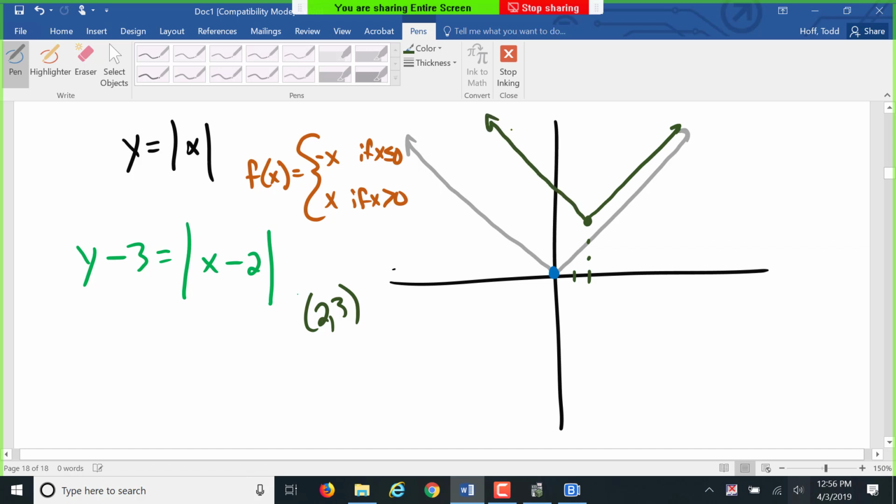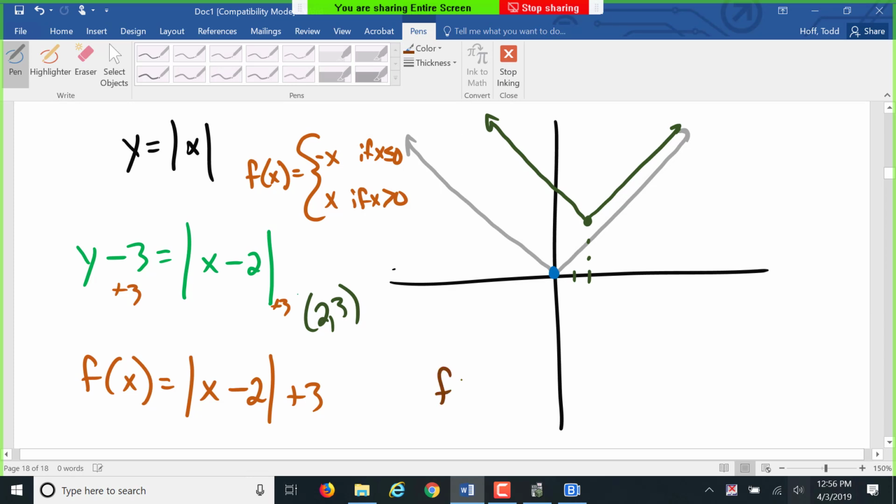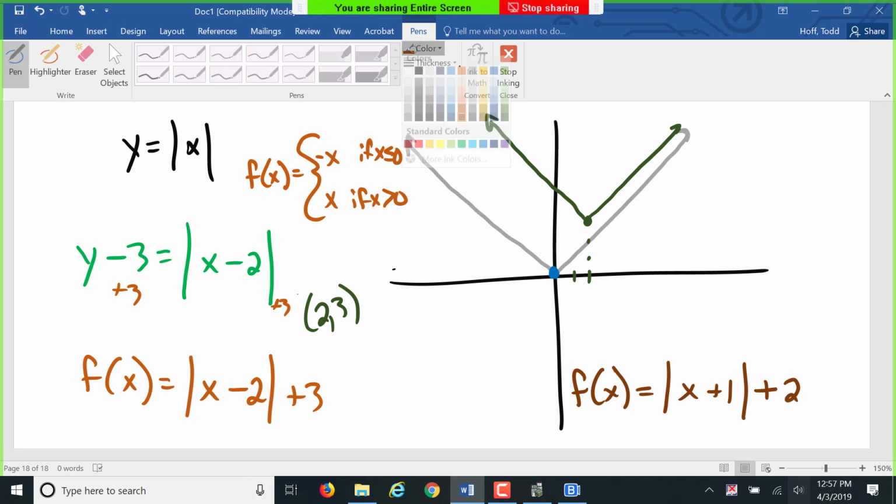Well, again, we're using function notation, so we would add 3 to both sides and it would be written as f of x equals absolute value of x minus 2 plus 3. So if I had f of x equals absolute value of x plus 1 plus 2, where would I expect that vertex to be?